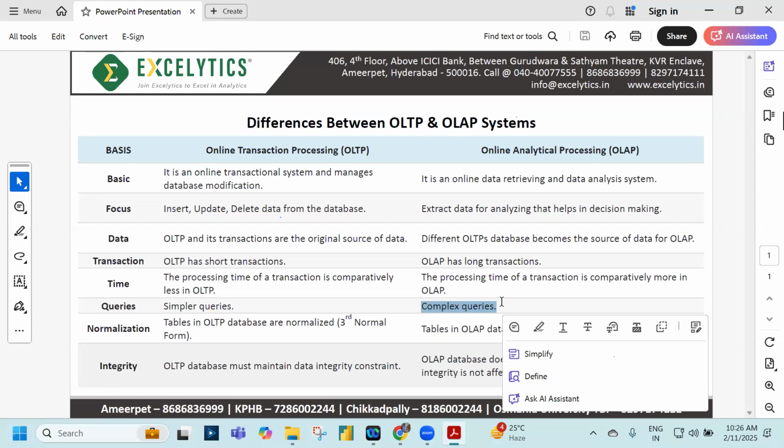Why do we need two different systems? Because you cannot engage your OLTP in dealing with analytical questions also. If you do that, your regular transaction speed will get affected. Understood? So that is the reason it is always recommended to get all the data from OLTP to OLAP.